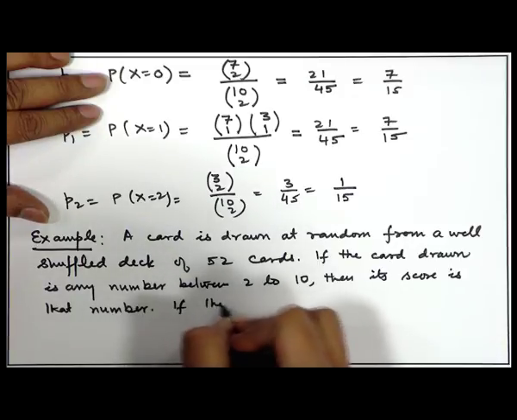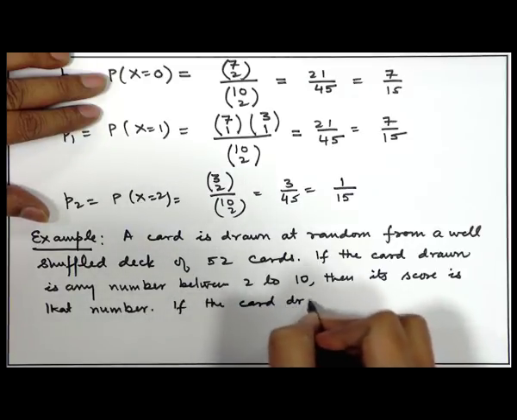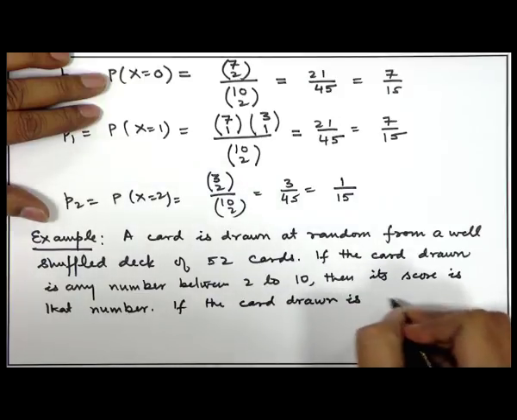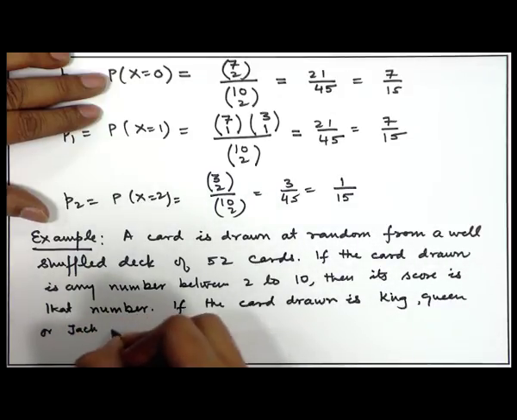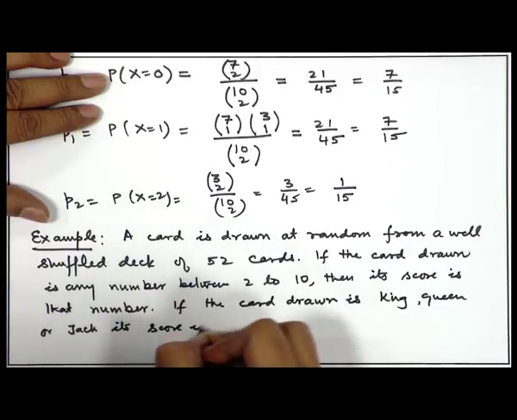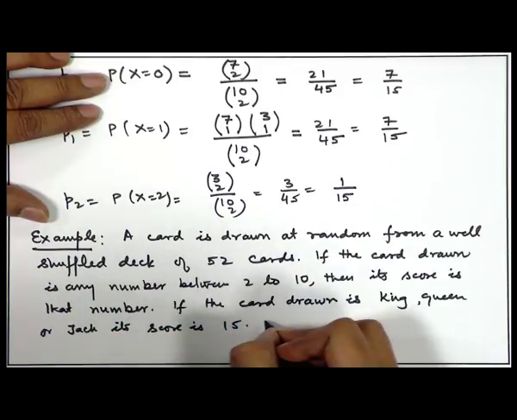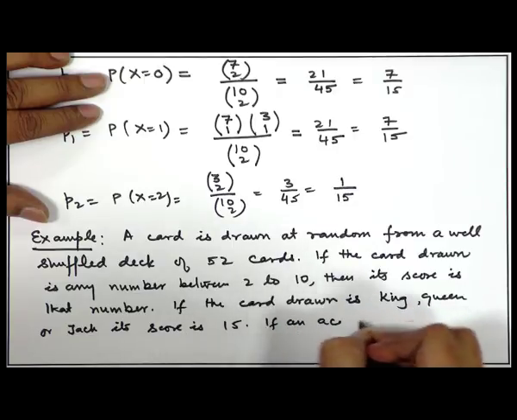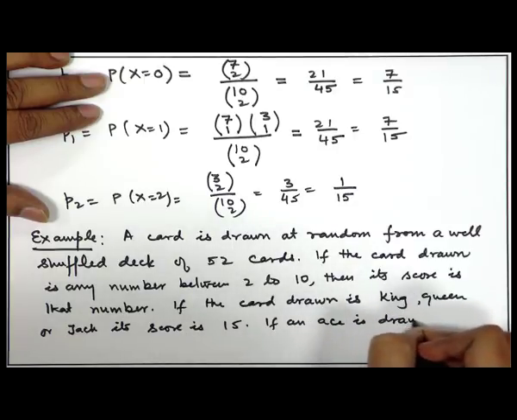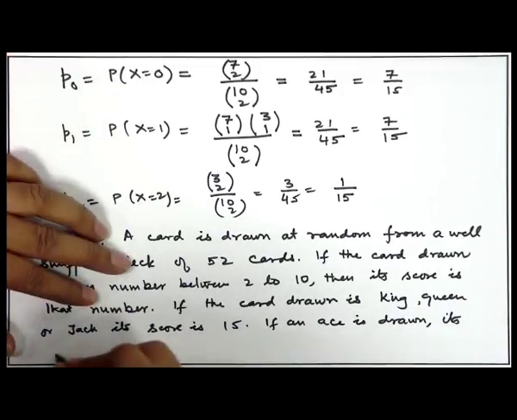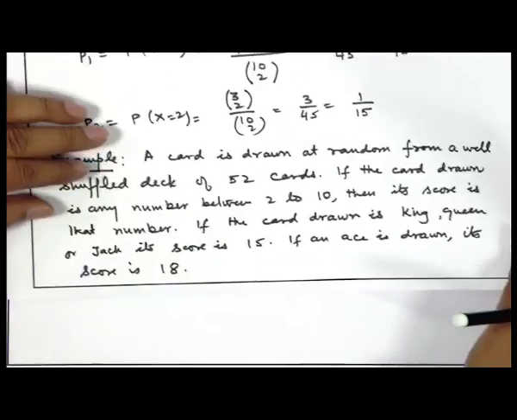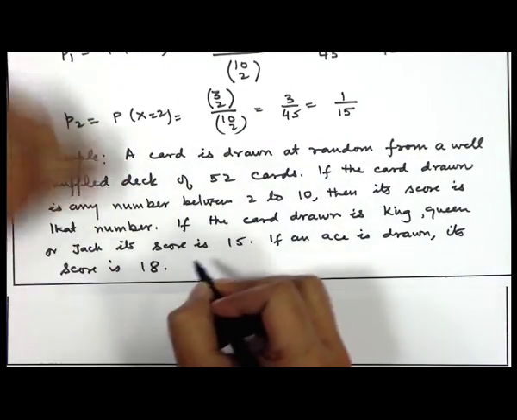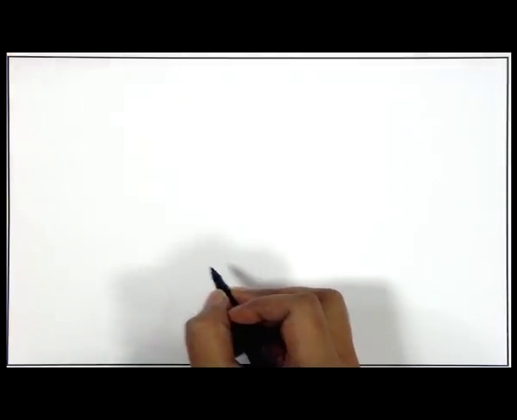If the card drawn is a king, queen or jack, its score is 15. If an ace is drawn, its score is 18. Okay, so let us look at the random variable.